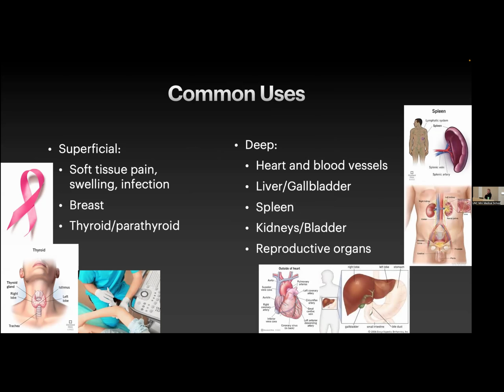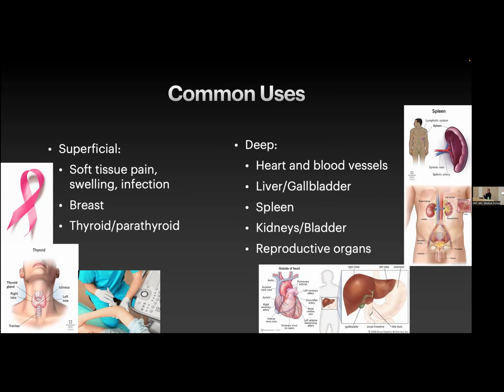We also use the ultrasound for deep structures. We can see the heart and blood vessels, the liver, gallbladder, spleen, all the abdominal organs like the kidneys and the bladder. And then the reproductive organs. Ultrasound's really great for evaluating the reproductive organs because it has really good soft tissue definition.